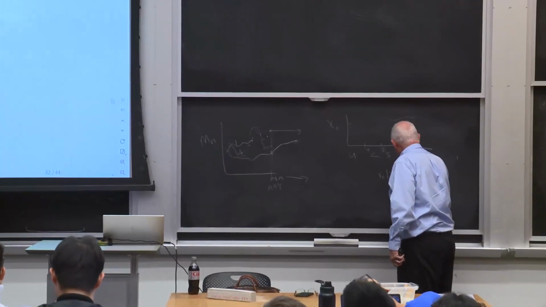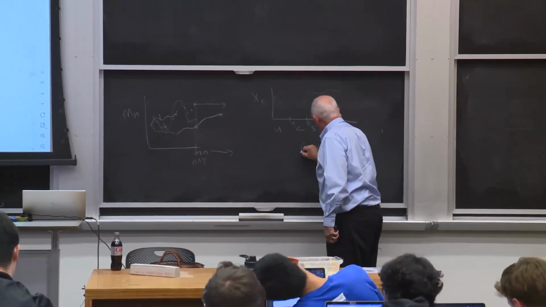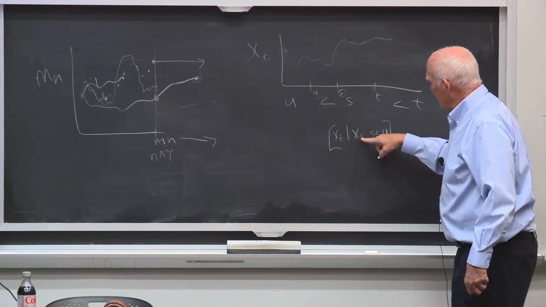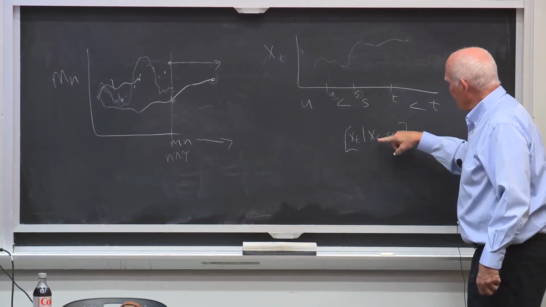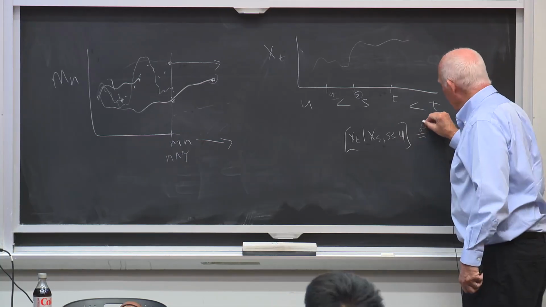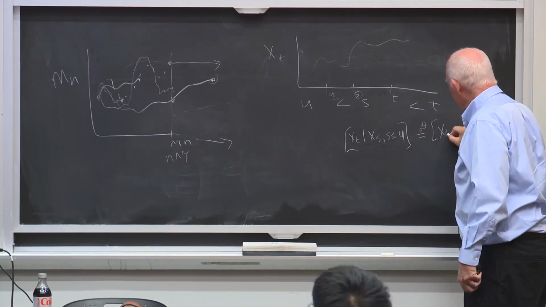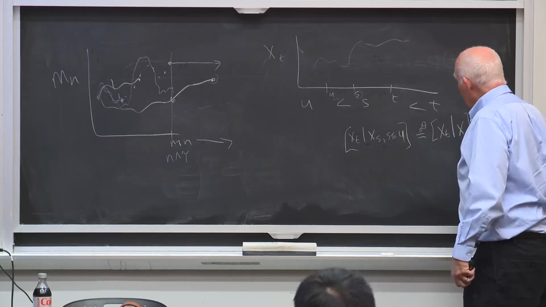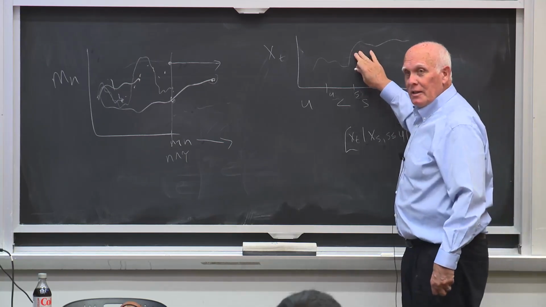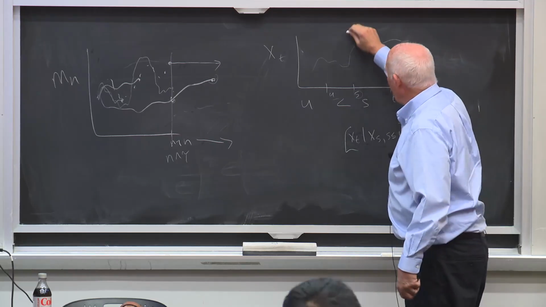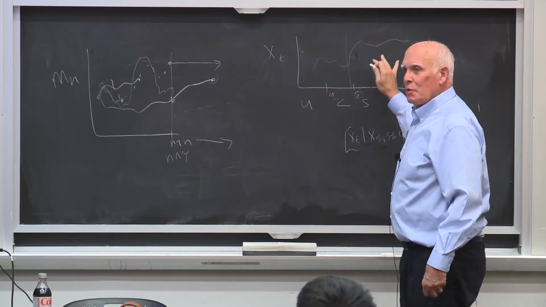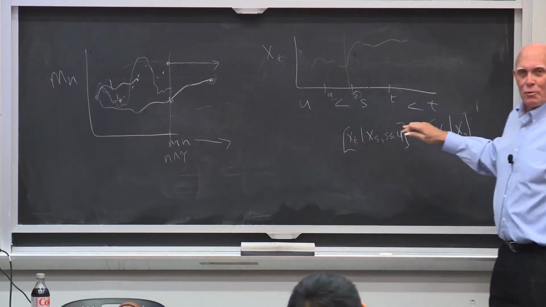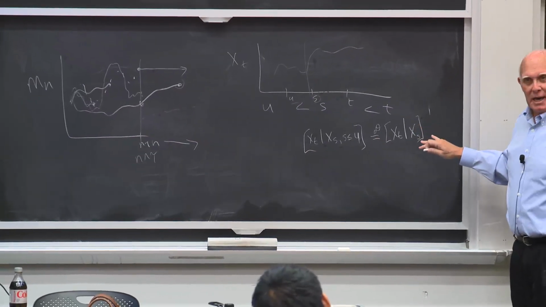So the distribution of X_t given all of the values of X prior to time u has the same distribution as just the conditional distribution given X_s. So with a Markov process, the future depends on the past only through the last value of the past.